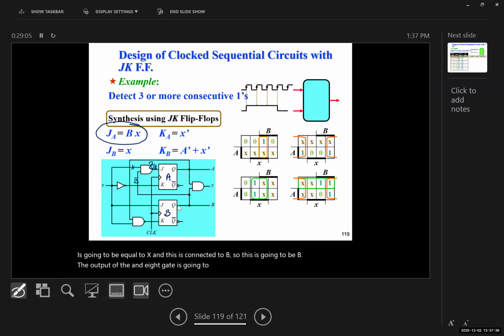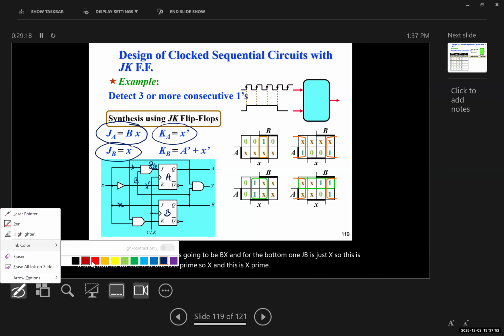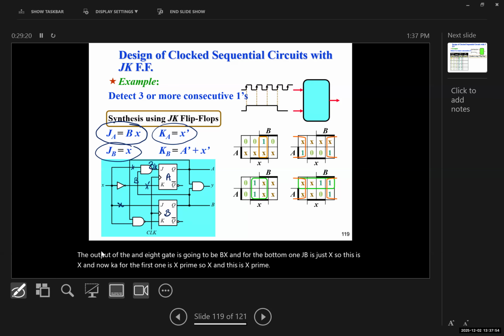And for the bottom one, JB is just X. This is X. And now KA for the first one is X prime, so X, and this is X prime. And KB is A prime plus X prime.